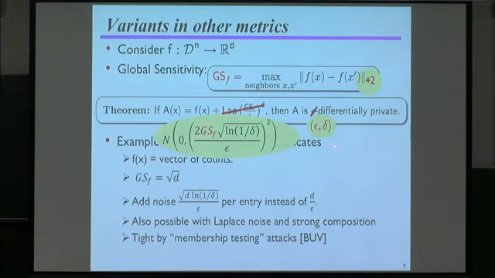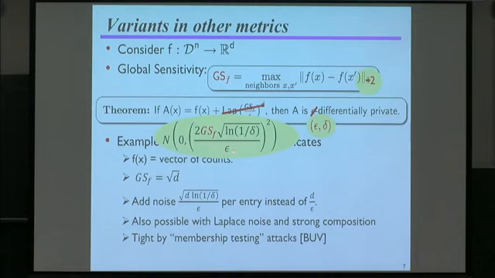So you get a slightly different guarantee. But again, you're adding Gaussian noise in each component, which scales linearly. So the standard deviation is roughly the sensitivity over epsilon, times some term that increases only logarithmically in 1 over delta. So even for very small values of delta, this square root of log 1 over delta term is not very big. And the dominant terms are the sensitivity and epsilon.